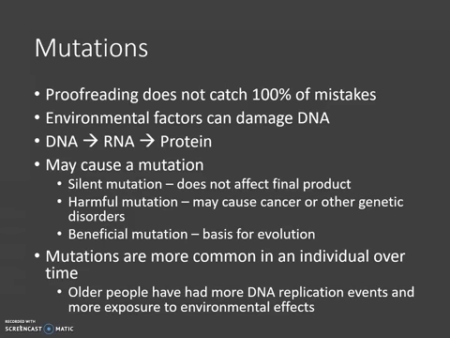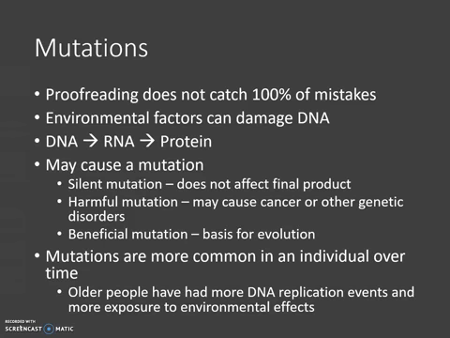First of all, the mutation can be a silent mutation, meaning that the change in the DNA doesn't change the protein production, in which case you would never know that this mutation existed. It wouldn't cause any diseases or disorders or any problems.